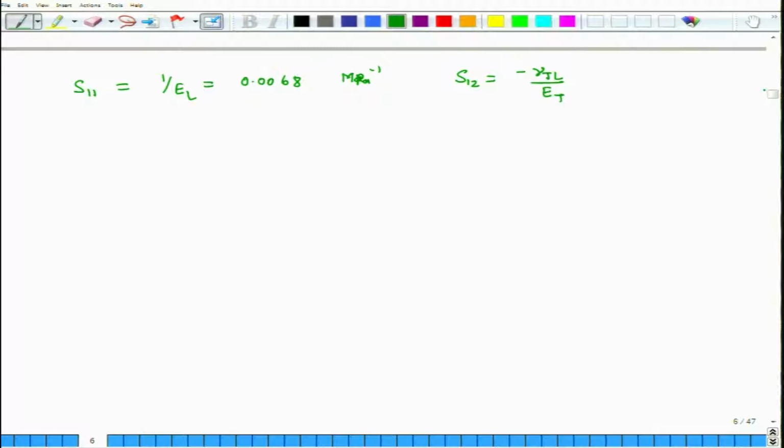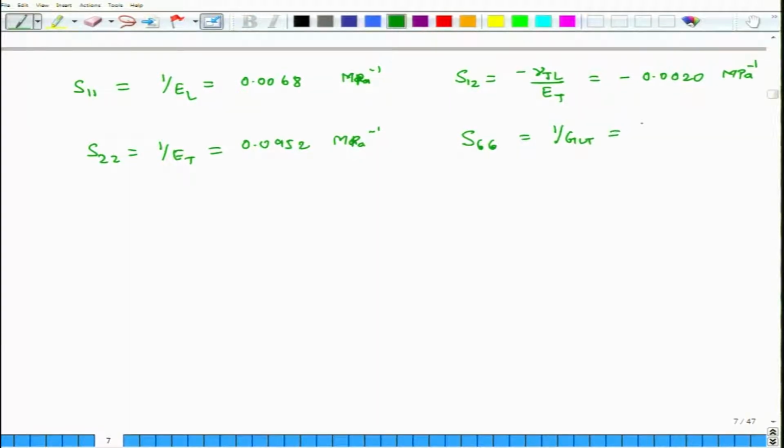So, it is negative of nu TL divided by ET, and that works out to be minus 0.0020, and once again units are MPa inverse. And then S22 is 1 over ET, and that is 0.0952 MPa inverse, and S66 is equal to 1 over GLT, and that works out to be 0.1783 MPa inverse.